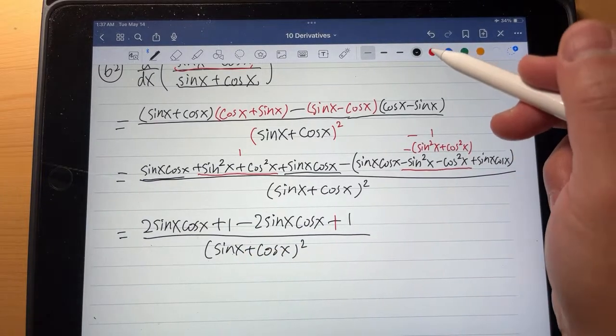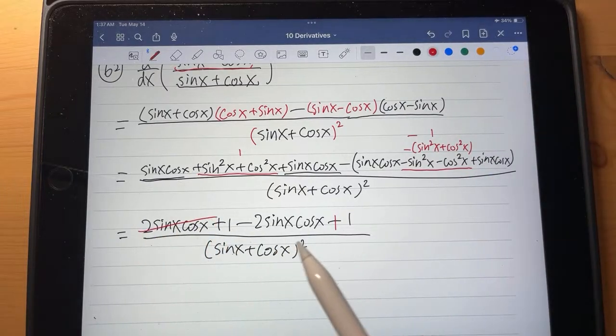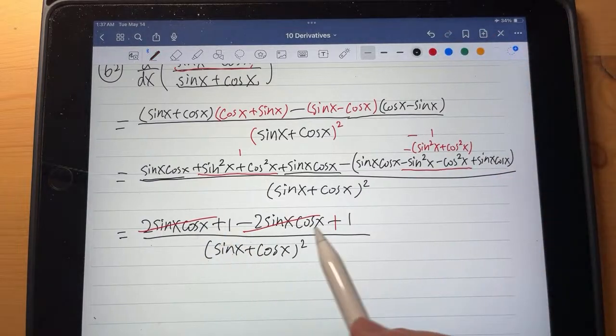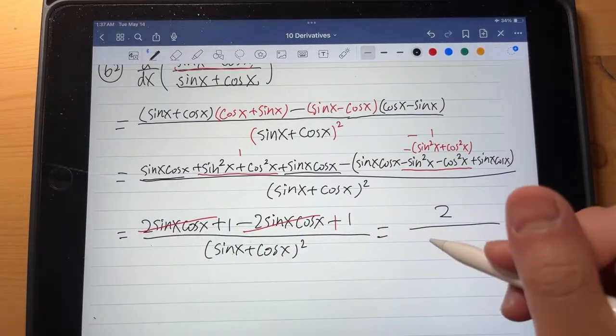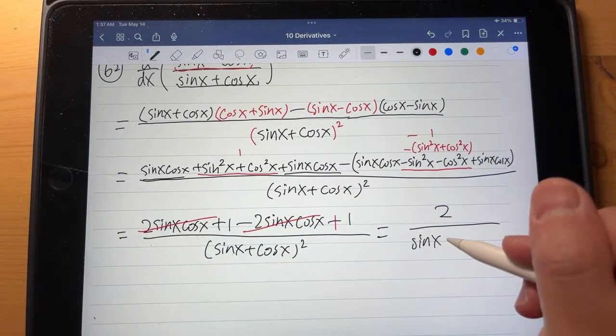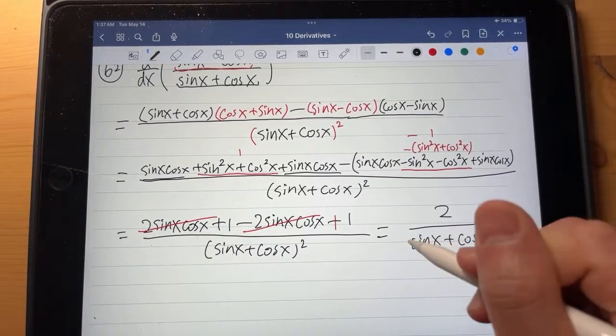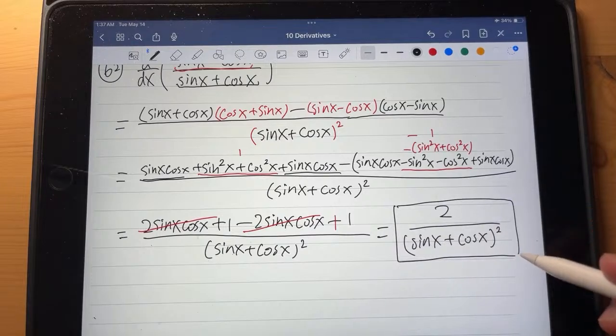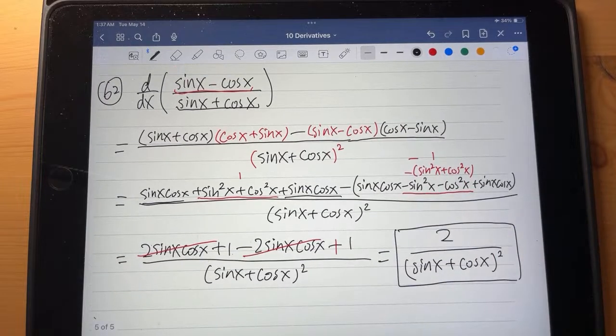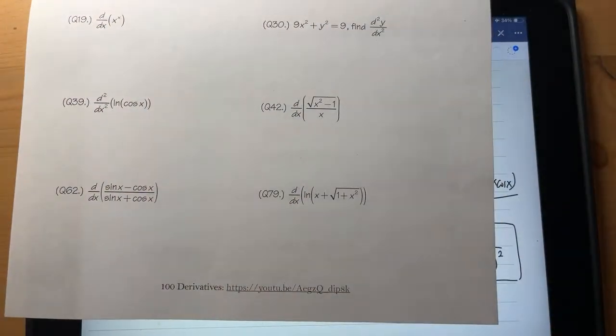And now we can be happy because 2 sine cosine x minus 2 sine cosine x, they cancel. And then the top though, 1 plus 1 is 2. So we get 2 over, I'm just going to write that down right here, sine x plus cosine x, and then we square that. And we are done. Alright, so that's number 62. Alright, final question of the day, number 79.